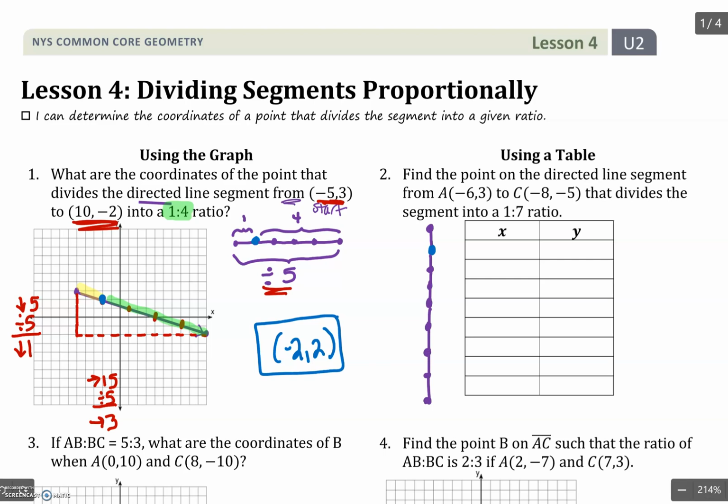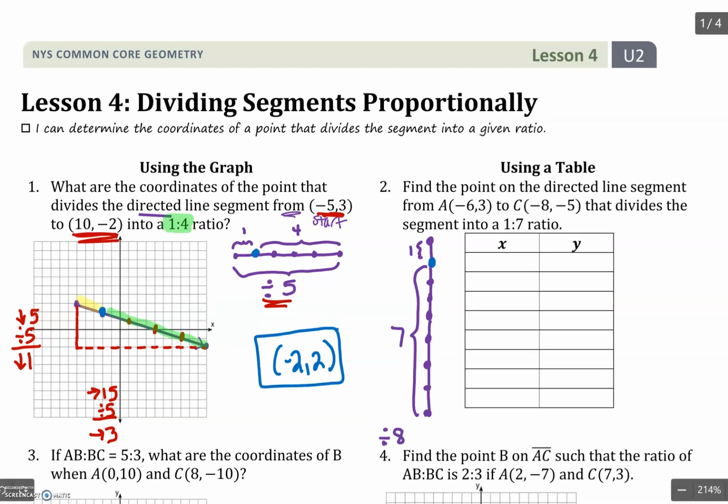And what we're going to have is 8 different pieces because there's 1 here and 7 here. So for a total of 8, we need to divide this segment into 8 equal pieces. Each of these 8 points is going to be represented by a part of our table.